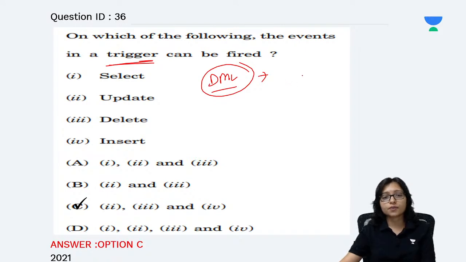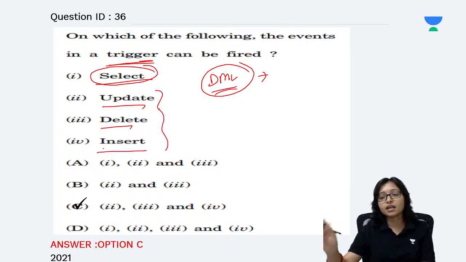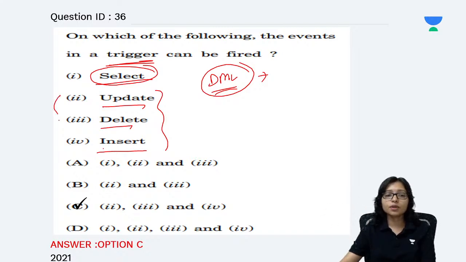Select only fetches the data, so no trigger is required. Update, delete and insert can fire the trigger, and always remember DML operations use triggers. So your answer will be 2, 3, 4. This is the correct answer.